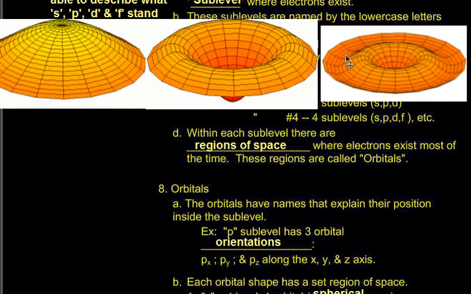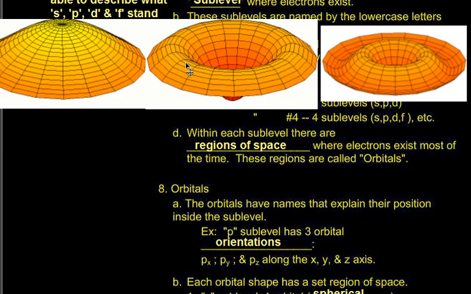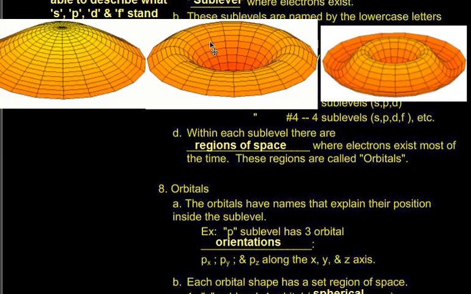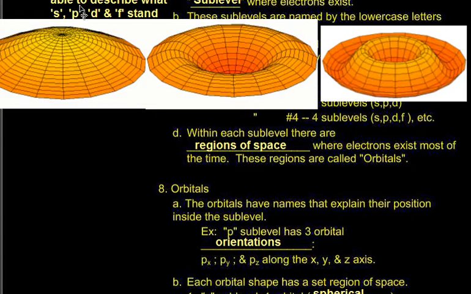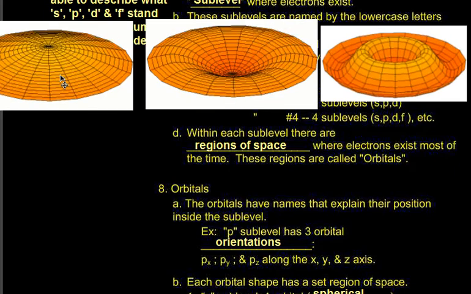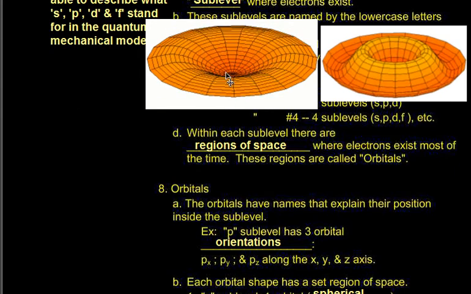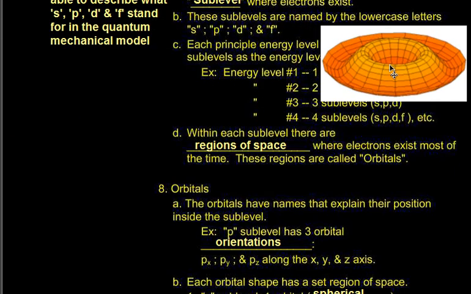This one just has an up and a down, and here's just one basic up and down. Those are all actually the same shape. Those are all a spherical shape, and they're called s orbitals.